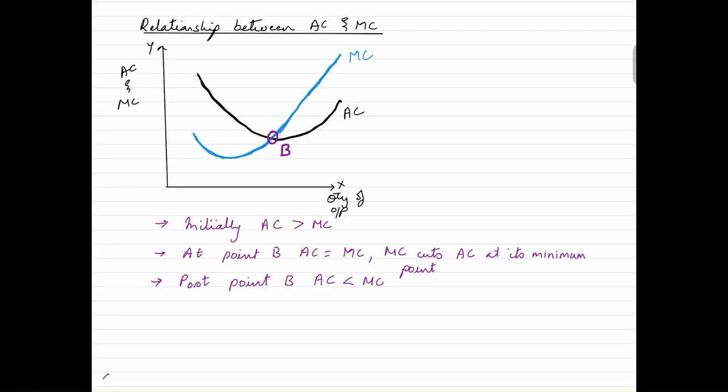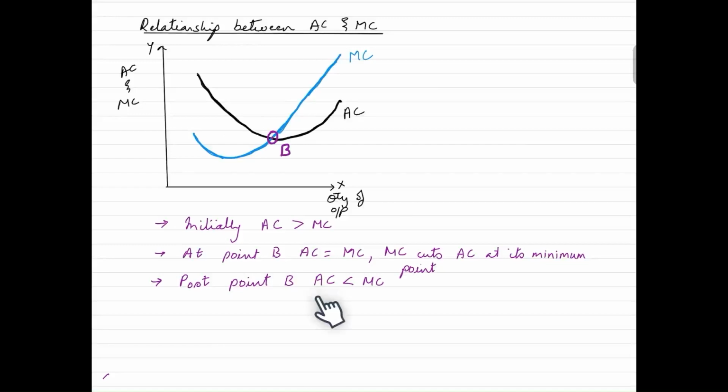Another thing we need to remember here is that the AC curve depends on the marginal cost curve. So when marginal cost is smaller than AC, or the marginal cost curve lies below the average cost curve, it will pull the average cost curve down.